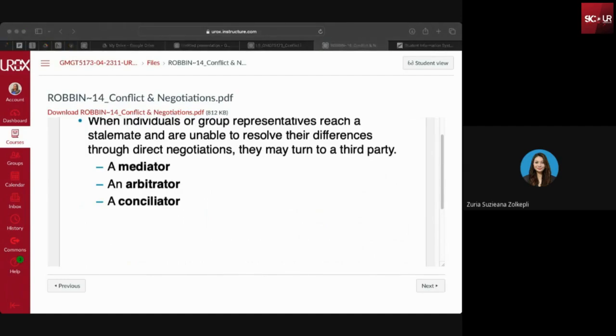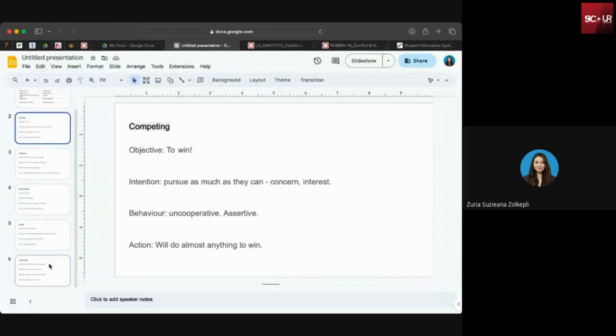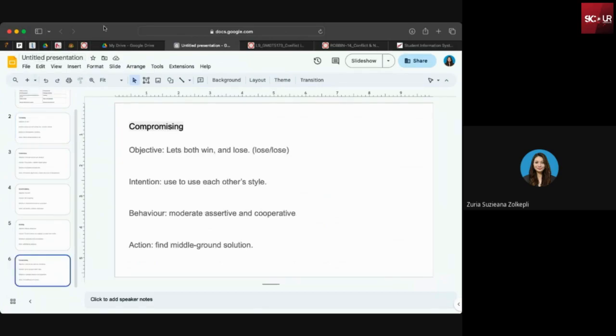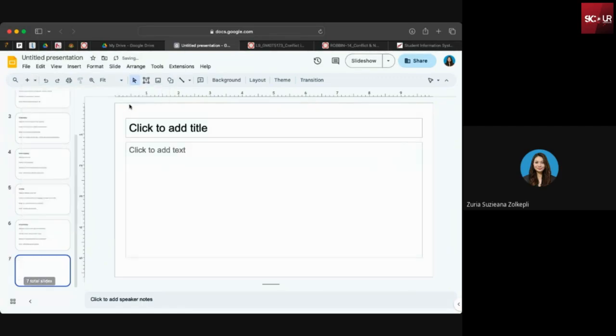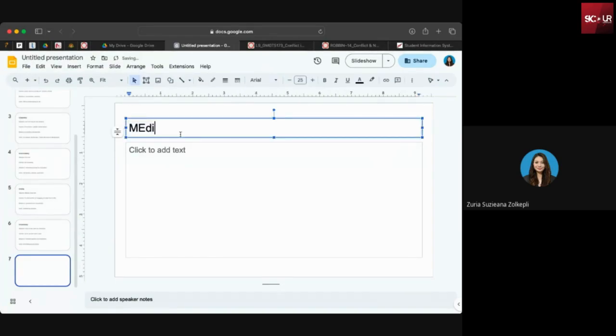So for mediator, what I can say about mediator is, macam mana this one I buat kat sini lah. Maybe we do table. Okay, mediator.